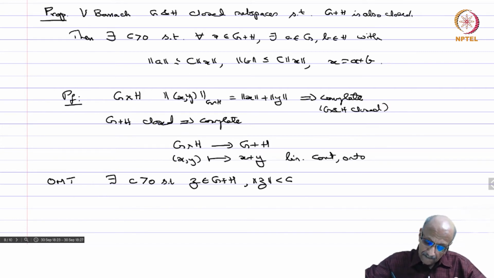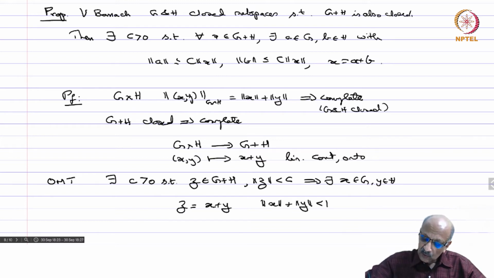Such that this implies there exists x in G, y in H, such that Z equals x plus y and norm of x plus norm of y is less than 1. So this is the theorem, namely the ball in G plus H with center origin and radius C is contained in the image of this map of the unit ball. So that is what we have said.